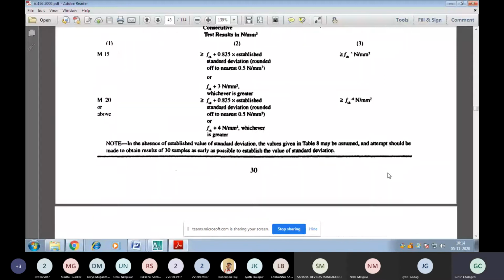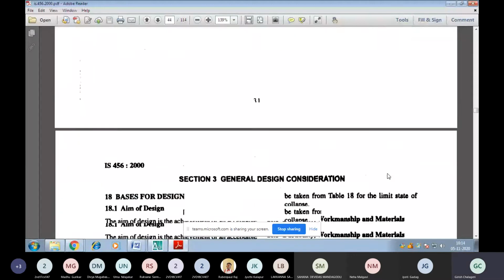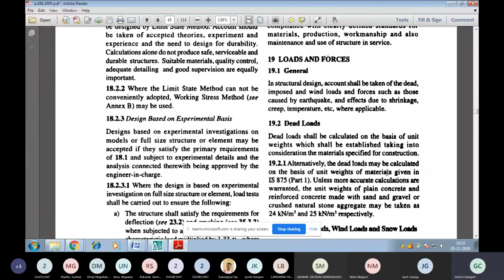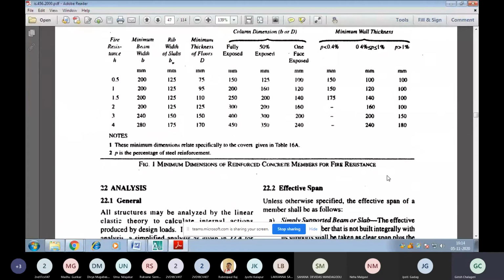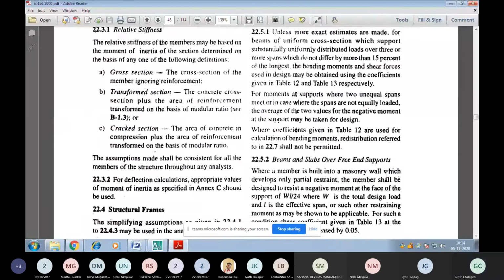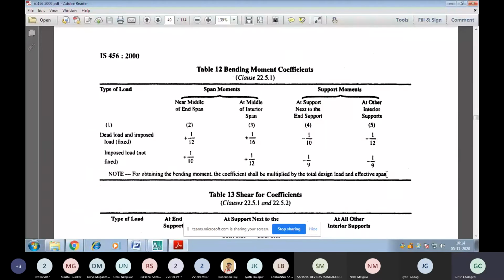Table number L1. Let us look for the general load calculations. I think we'll get the table here itself.